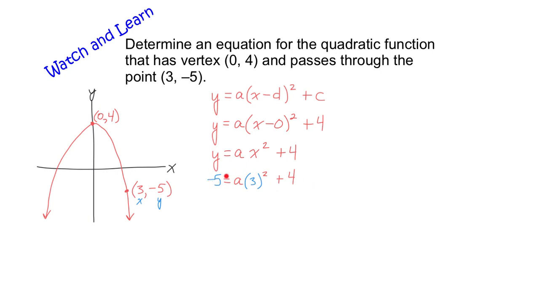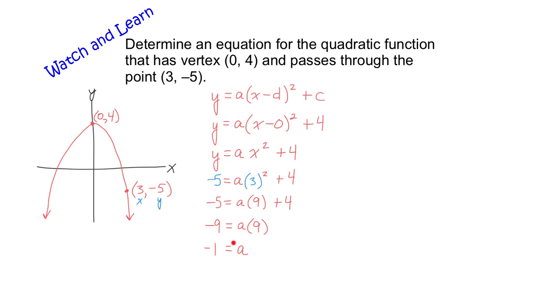Here's my equation. Now 3 squared, I can do that. It's just 9. So now I have an equation: a, whatever that is, multiplied by 9, and then add 4, I get an answer of -5. So I'm going to start to solve this equation for a by doing opposite operations. So I'm going to subtract 4, then I'm going to divide by 9.